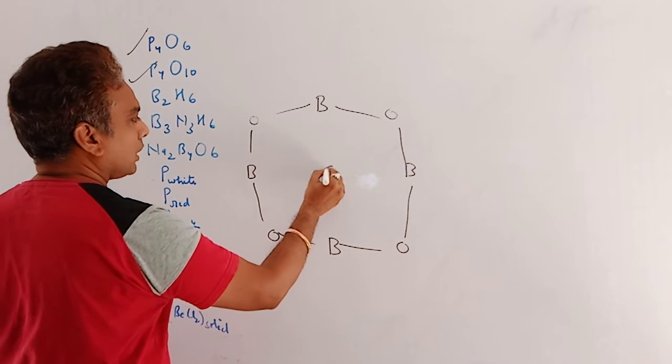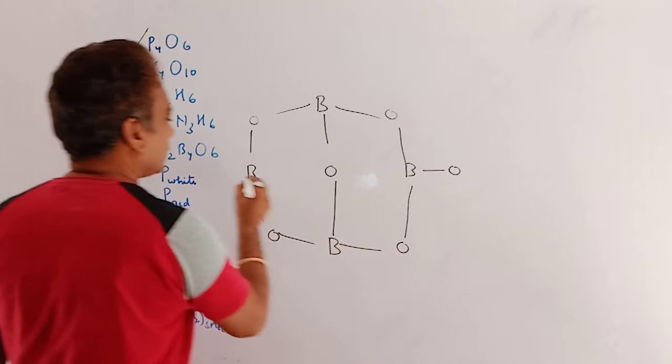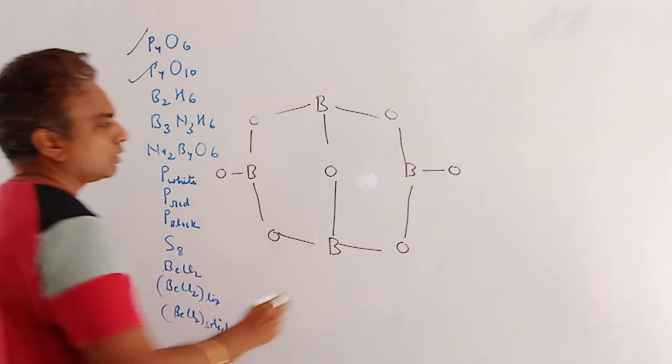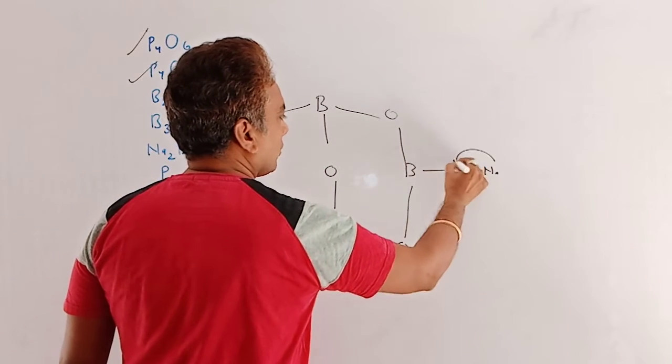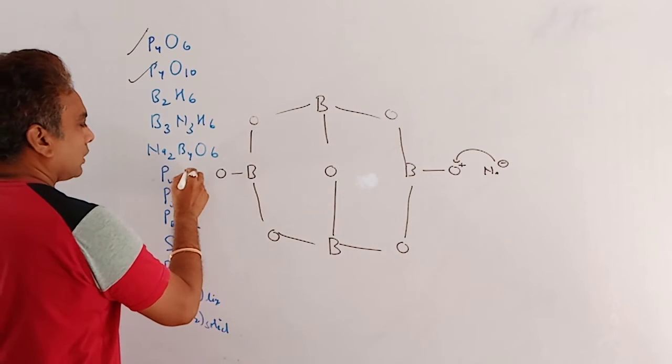One oxygen is at the center like this, and two oxygens are at the 2 borons, and sodium transfers the electron to the oxygen atom like this.